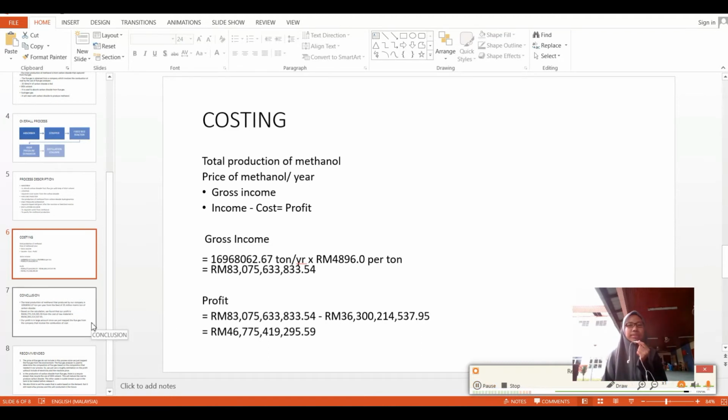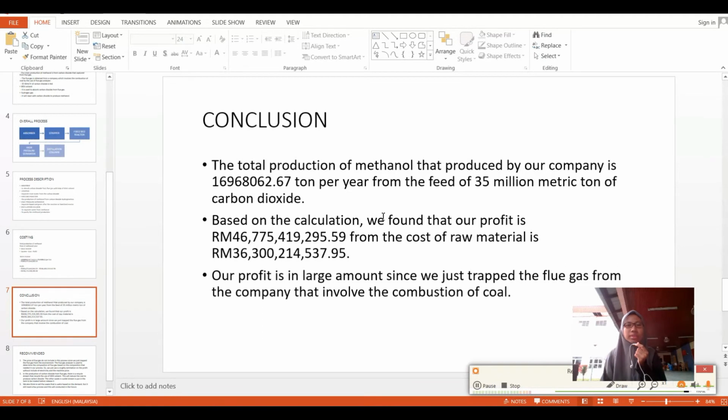Okay, for the conclusion, the total production of methanol produced by our company is 1696.8062.67 ton per year from the feed of 35 million metric ton of carbon dioxide.